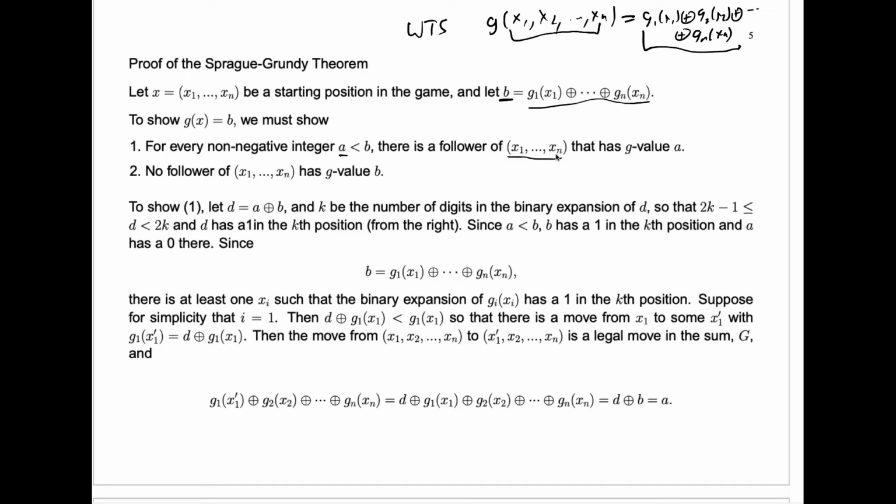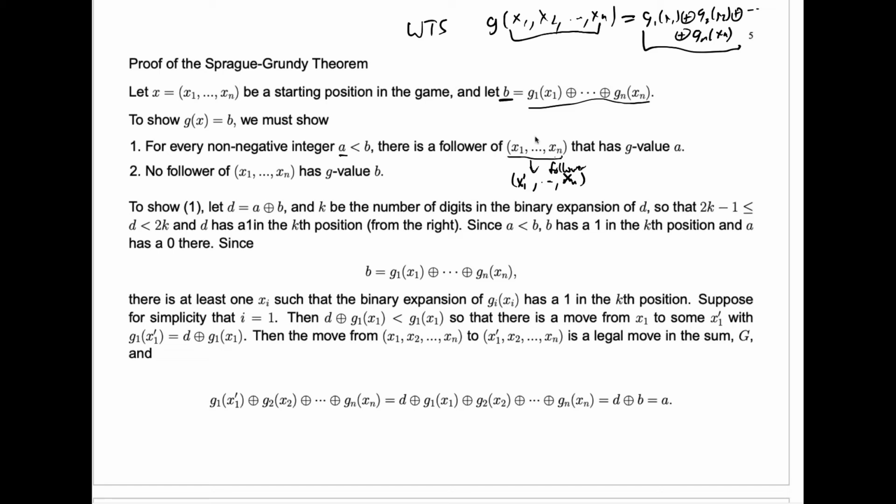A follower of this position is a new position that you get to in this sum of games when you pick one of the games. If it's x1, for example, a follower means you pick x1, you go to a follower. In our book, we call it x1 prime, for example. You change your position in game 1 from x1 to one of its followers, and you leave all the others the same.